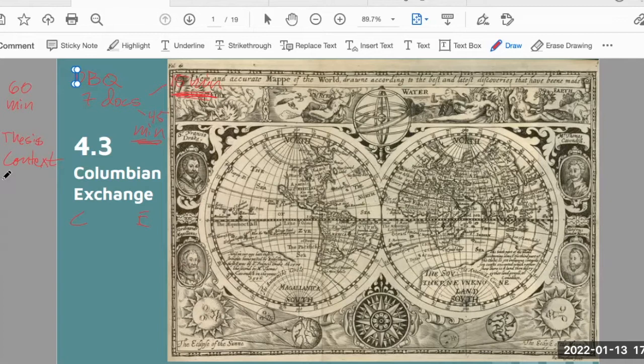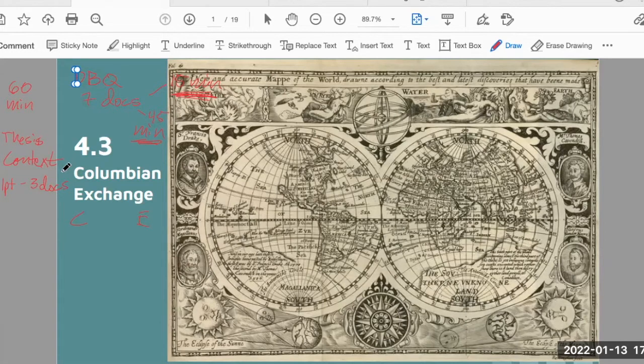To get 1 point on the DBQ rubric, you have to summarize 3 of the documents. Okay, and summary just means you read the document and you tell us what it was about, but without quoting the document.